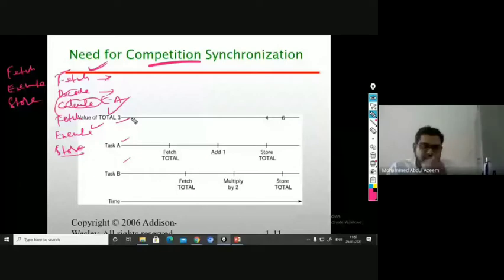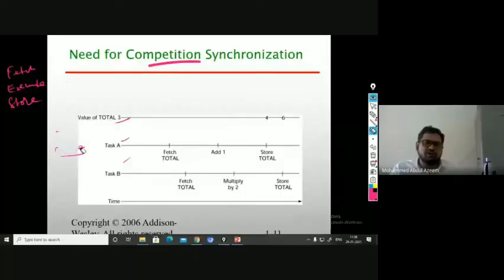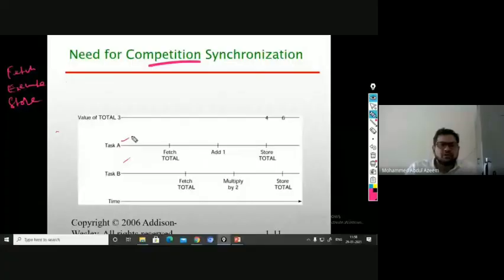Now, what happens when you try to perform some operation on total? These two processes, process A and process B, both would like to perform certain operations on total, whose value is 3 initially.